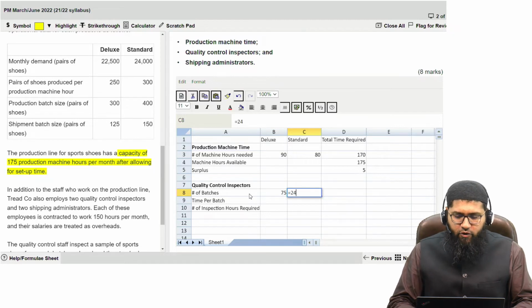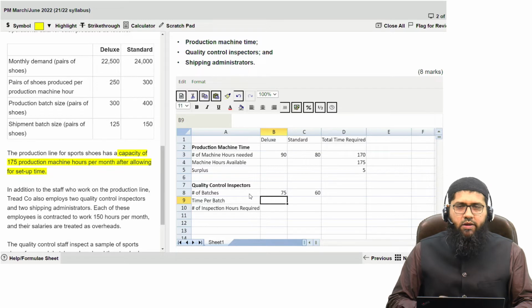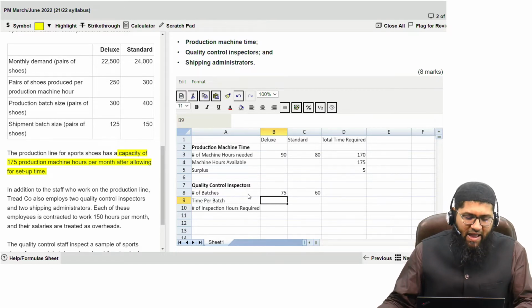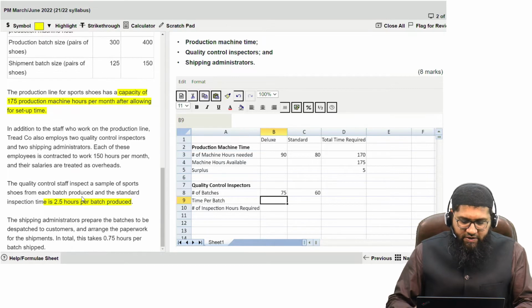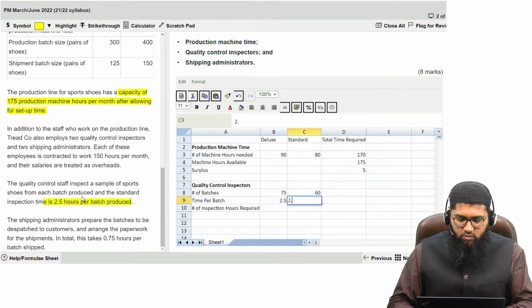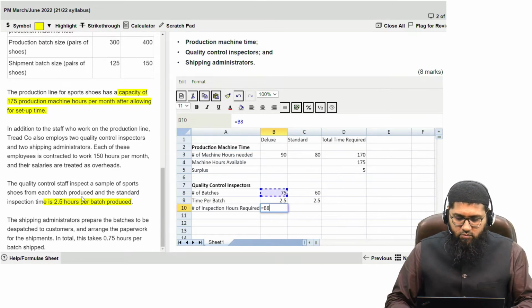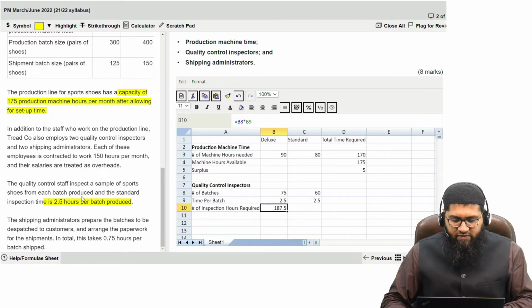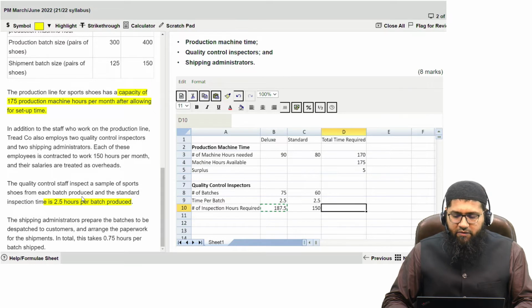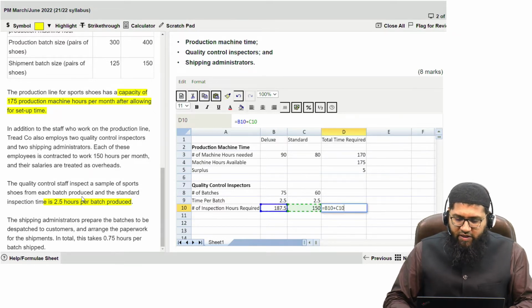It's gonna be 24,000 divided by 400. The time per batch that is needed is 2.5. So it's gonna be this into this gives you the total time, number of inspection hours required. So that is going to be this plus this.